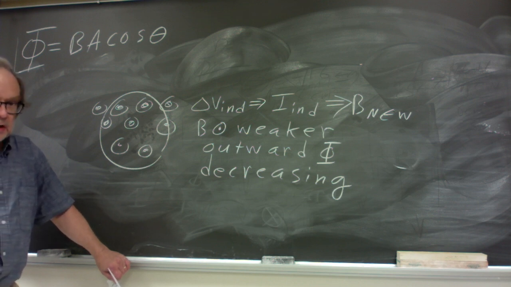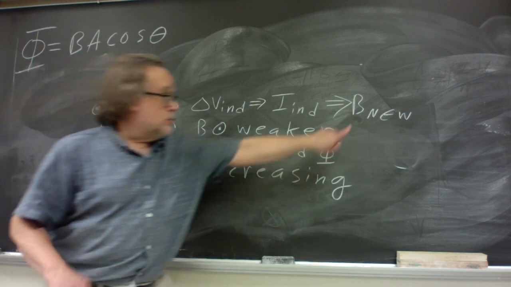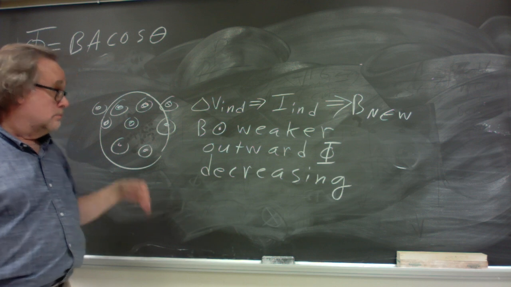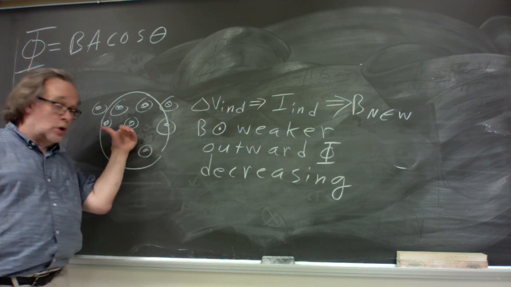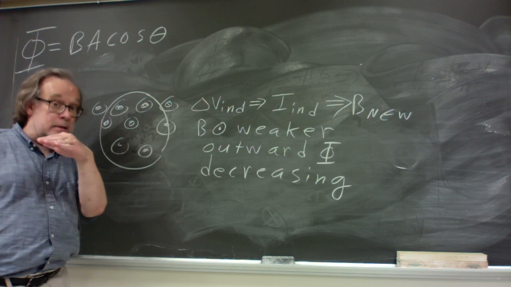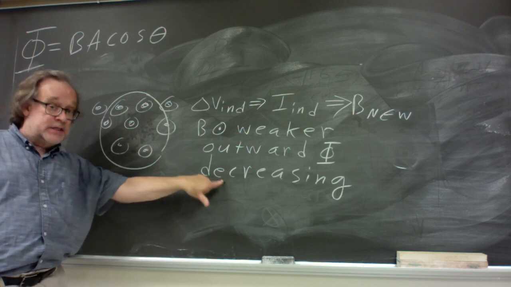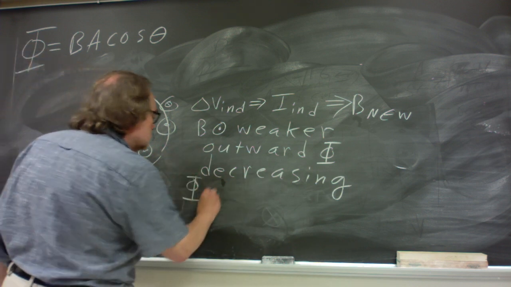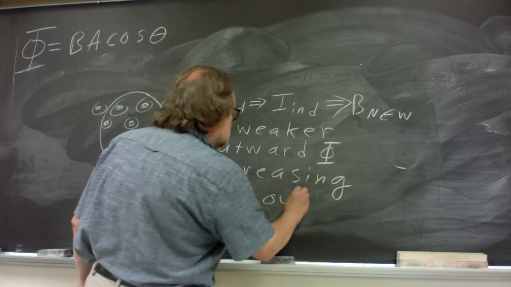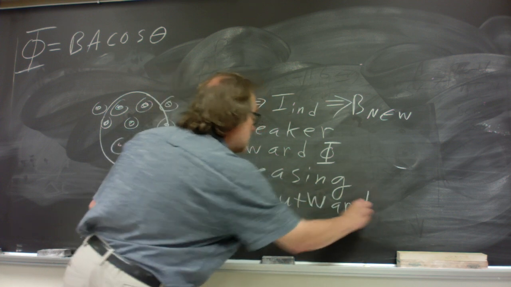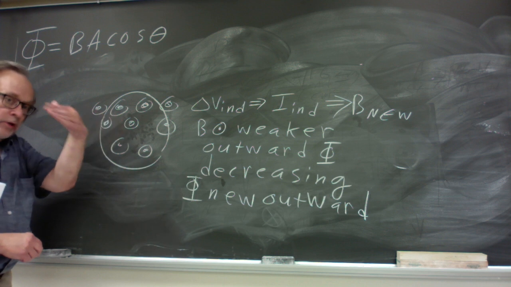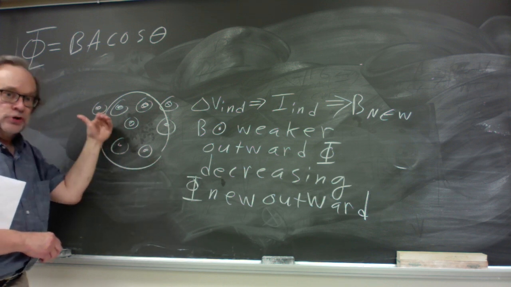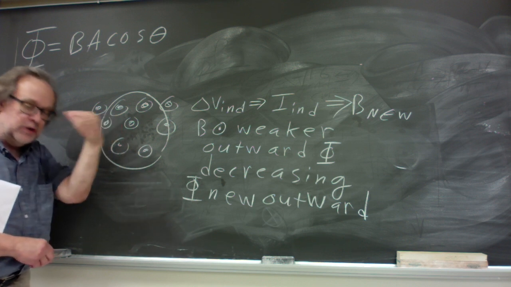So that means the new flux caused by the new field has to counteract this. So the new flux must be pointing outward to add back some of the outward flux that disappeared. And more additional flux in that direction happens because there's more additional magnetic field in this direction.